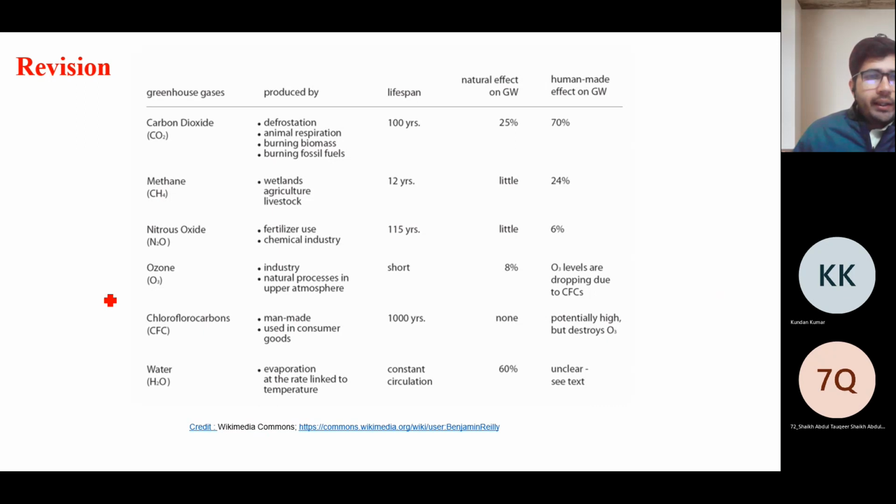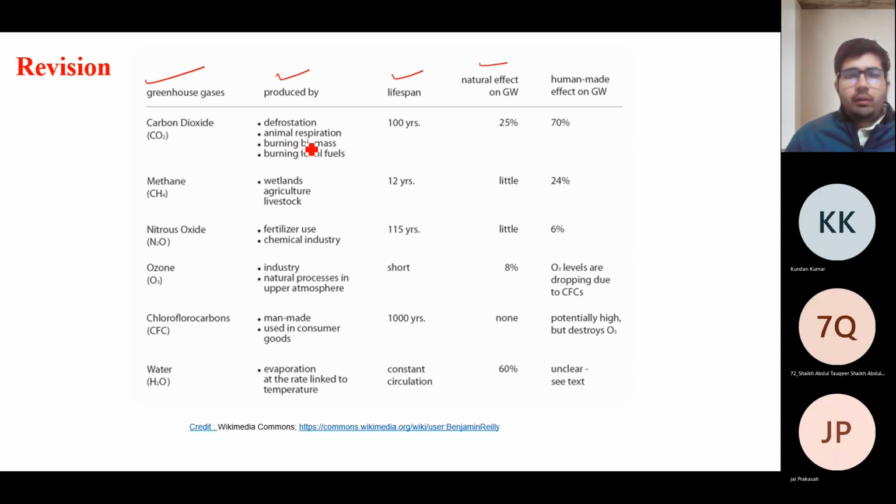So these are some important greenhouse gases, how they are produced, what their lifespan is, and what the natural effect and the human-made effect on global warming are. First is carbon dioxide, CO2. It is produced from deforestation, animal respiration, burning biomass and burning fossil fuels.